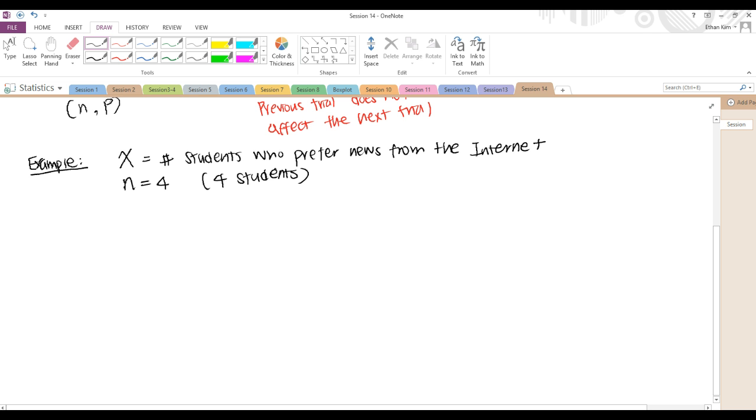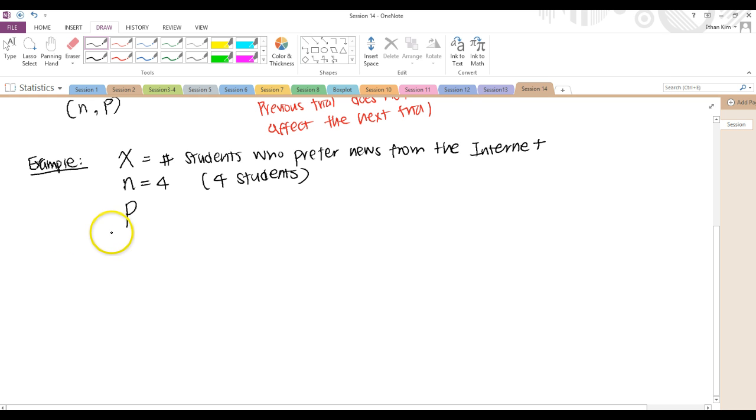All right, and we say p is the probability that a student prefers news from the internet. Let's just denote it as p for now, and let's see how that works.